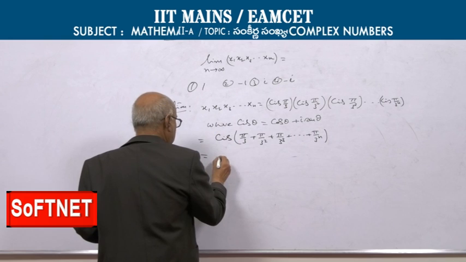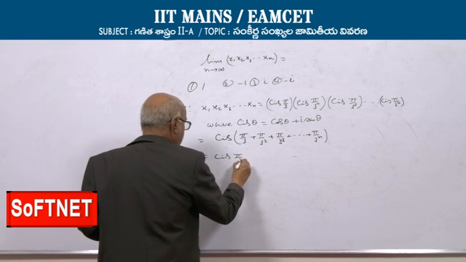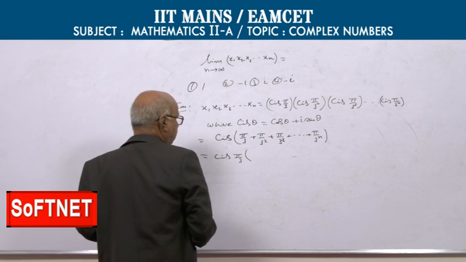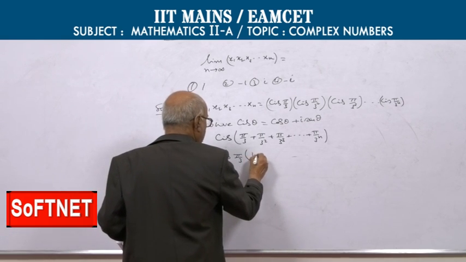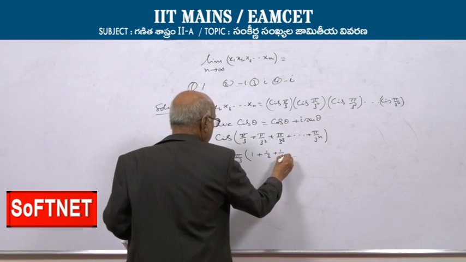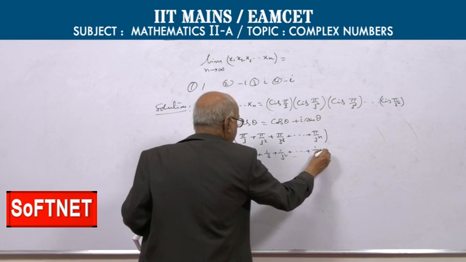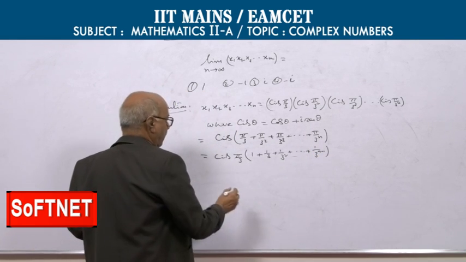etc. pi by 3 power n. If you take pi by 3 outside, that is cis pi by 3 into 1 plus 1 by 3 plus 1 by 3 square, etc. up to 1 by 3 power n minus 1, which is a geometric progression.